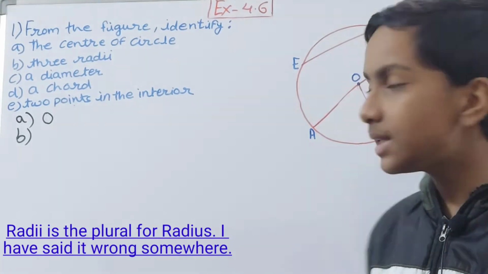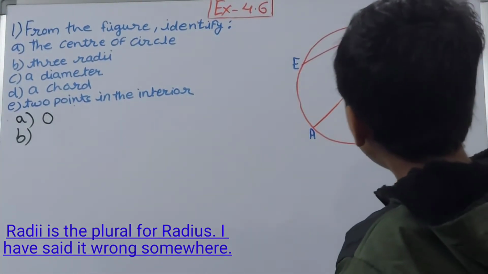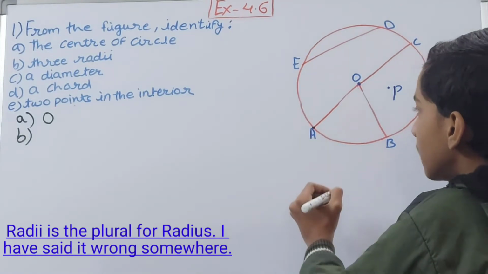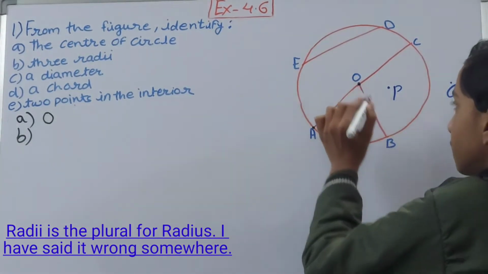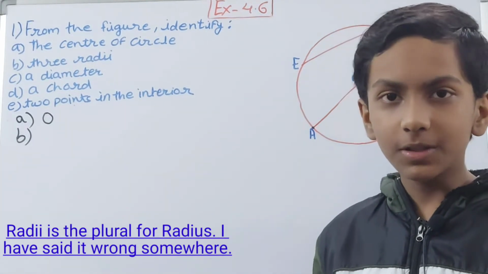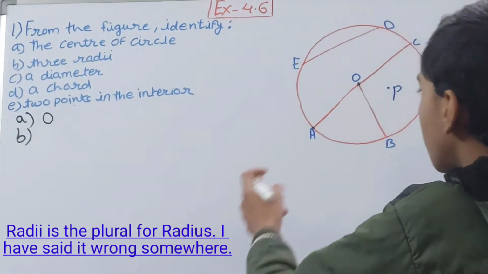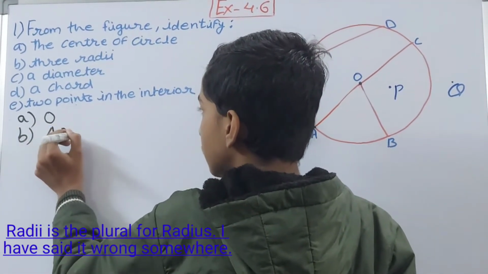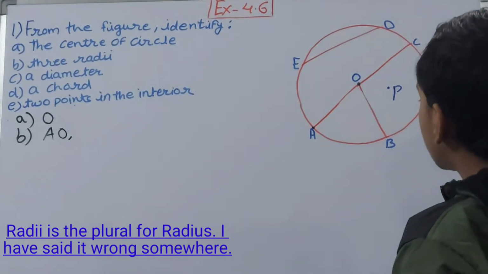We will see what a diameter is as well, but first, this is point A which is on the boundary, and this is O which is the center which we have written down. Any point from the boundary to the center of the circle is a radius. So AO is a radius. You can write AO or OA, both are correct.